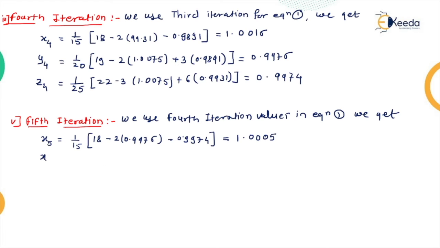Now also take the next value, y for the fifth iteration, y5. y5 is 1 divided by 20 times the bracket 19 minus 2 times 1.0016, the value of x4, plus 3 times the value of z4, 0.9974.